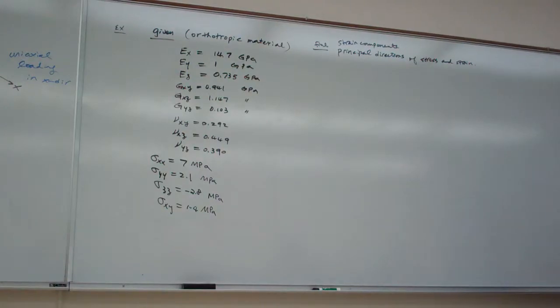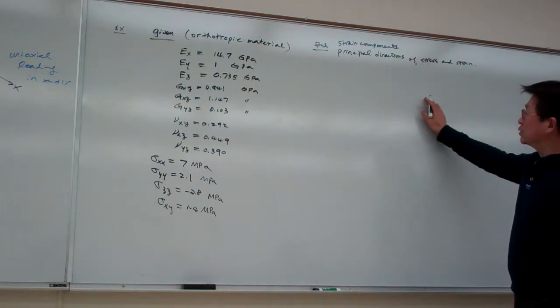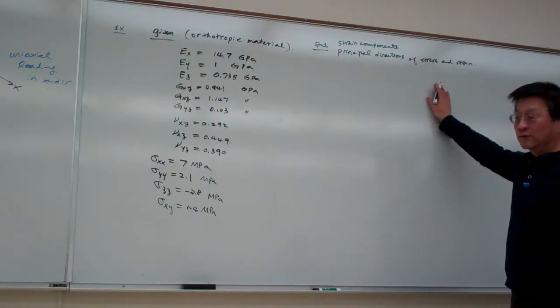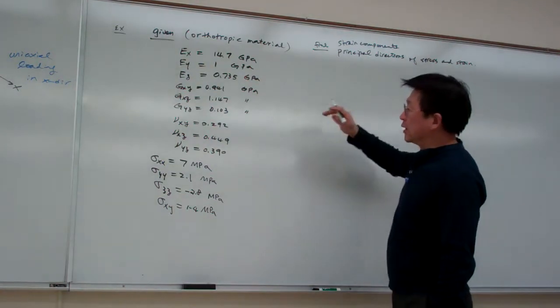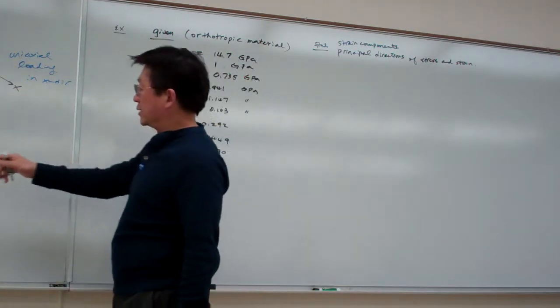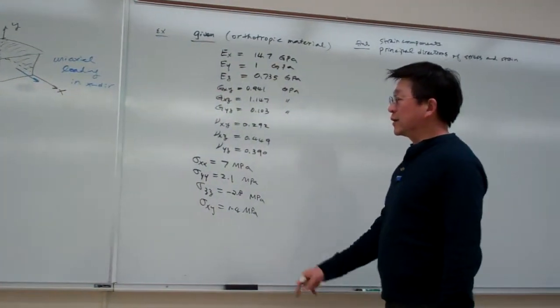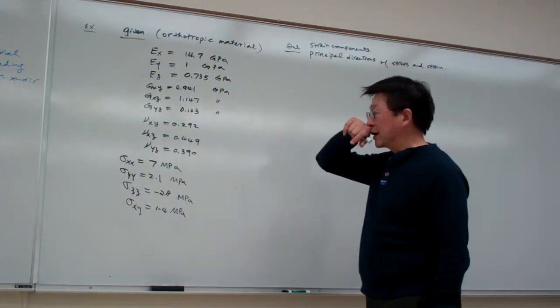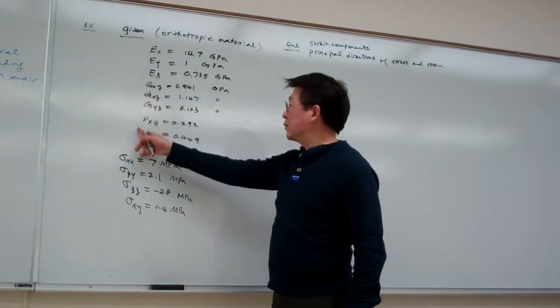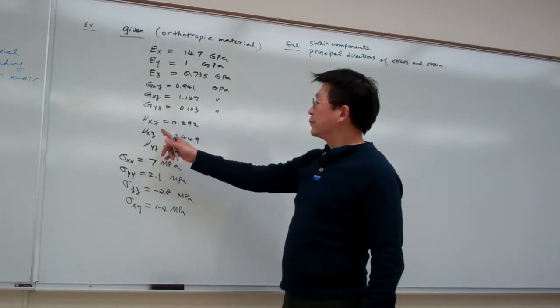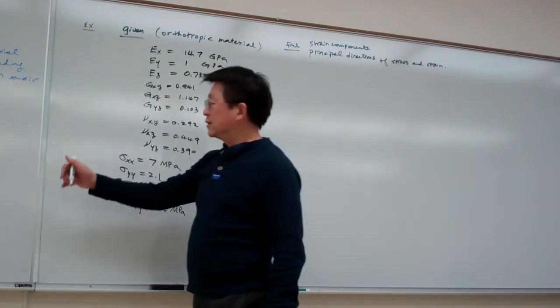Okay, so the first one, we want to determine the strain components. Then once we have the strain, we want to determine the principal directions of the stress and strain individually. Again, for this one, we simply apply these equations here, without rewriting them, and simply plug in all the information.